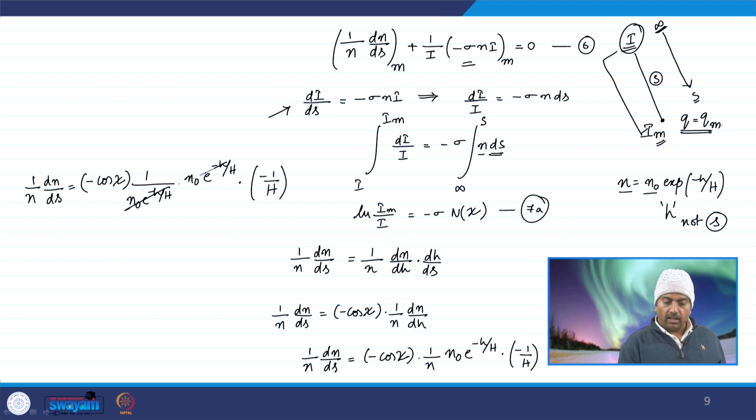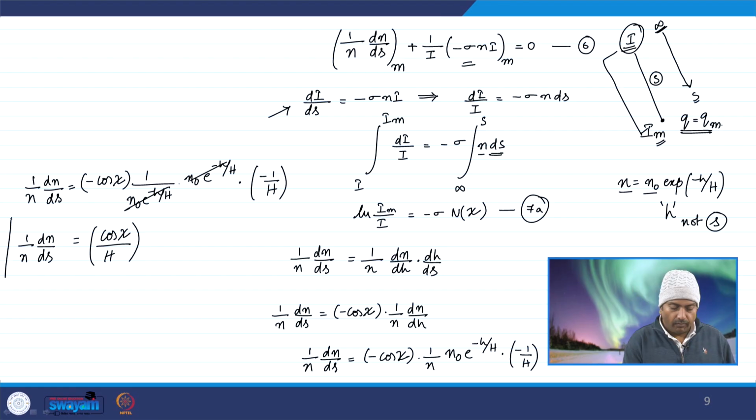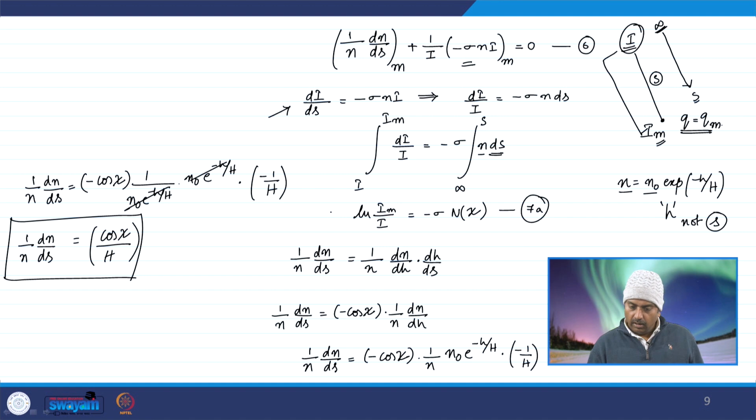So this will get entirely cancelled. We will get 1 by n dn by ds is equal to cos chi divided by capital H. We will need this, of course, and then we also need this to be substituted into this expression, right.